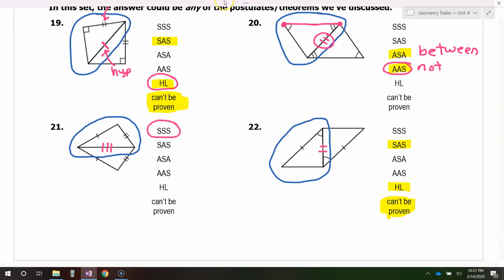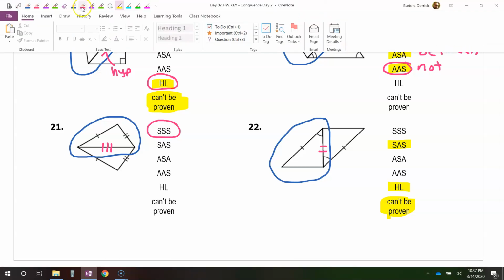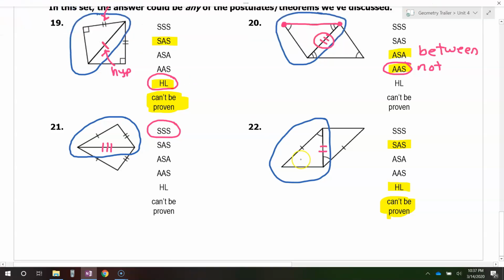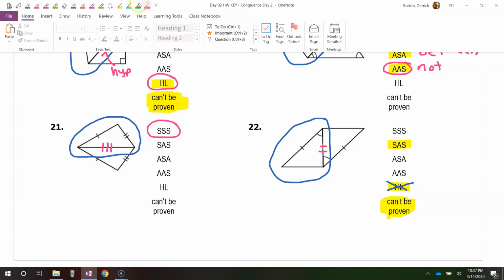Is this a right triangle? Well, don't assume, guys. It's tempting to assume that it is because it kind of looks like a right triangle, but there's no box to show that this is a right triangle. So it cannot be hypotenuse-leg. It's not even a right triangle. So we can forget about that. How do we tell between the remaining two?